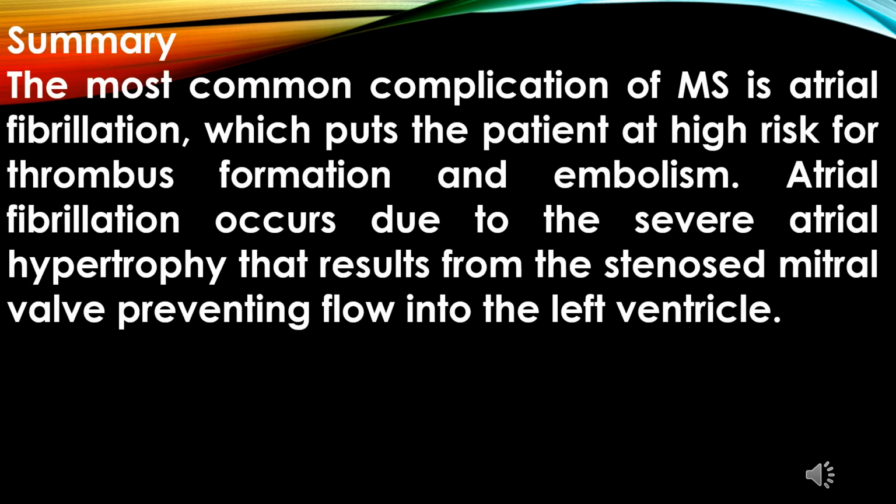Summary. The most common complication of MS is atrial fibrillation, which puts the patient at high risk for thrombus formation and embolism. Atrial fibrillation occurs due to the severe atrial hypertrophy that results from the stenosed mitral valve preventing flow into the left ventricle.